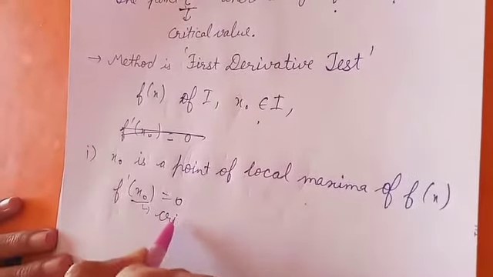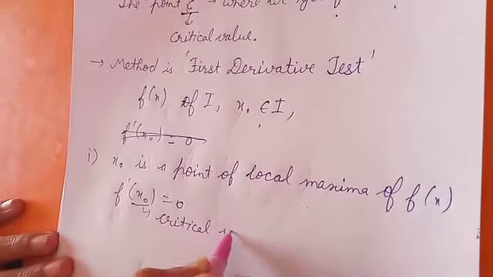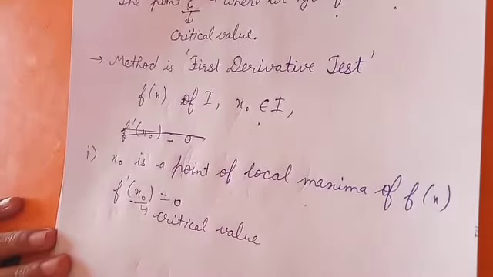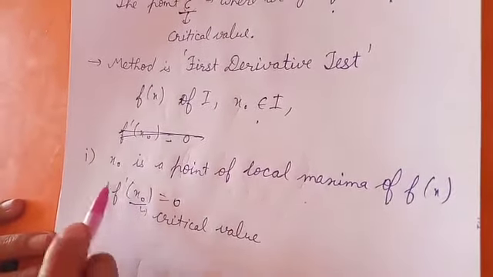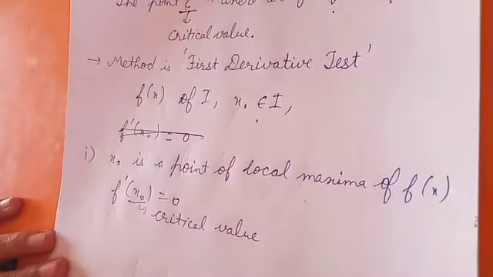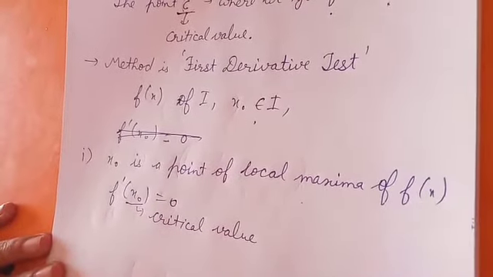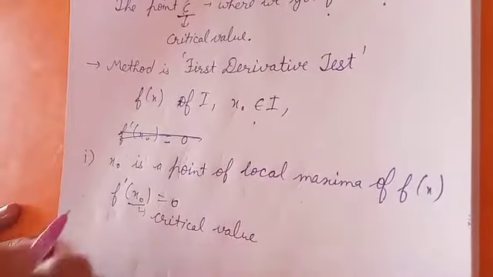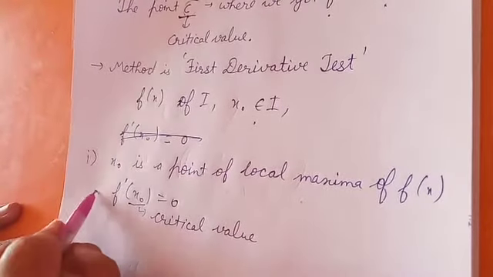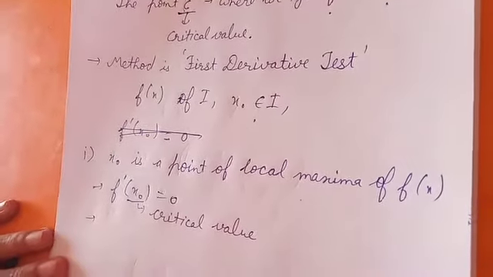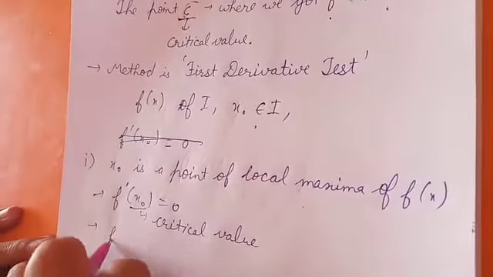At the critical value you get f dash x naught equal to 0. That is our first step, and the second step is this.